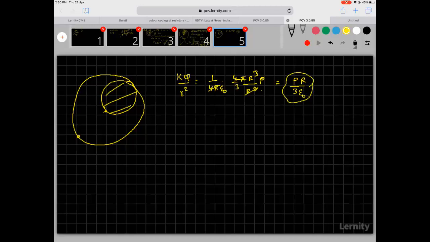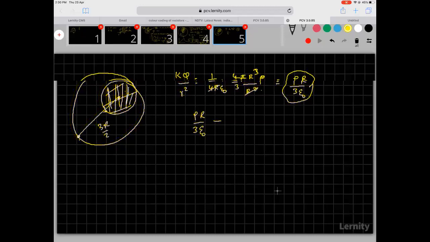This is what would have been had this full thing been solid. But now when you are removing this, the influence of this at this point will go away. So the electric field there would be this rho r by 3 epsilon naught minus the electric field due to this here. What is the electric field due to this here? At all points outside, the charge behaves as if it is located at the center. So this distance here is 3r by 2.